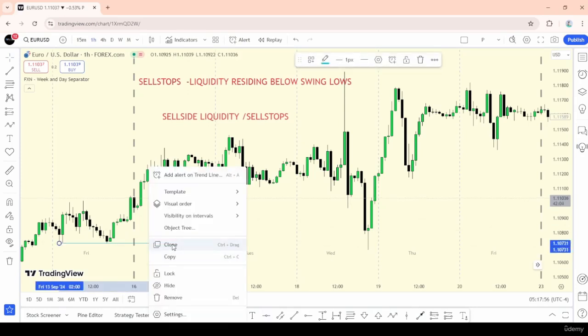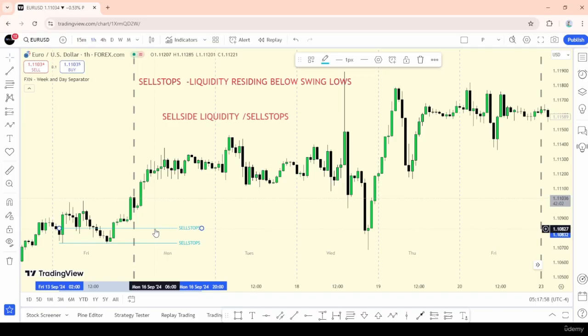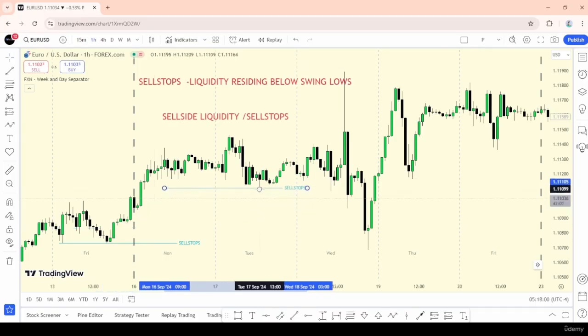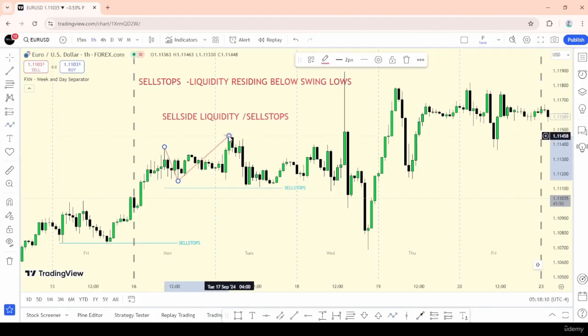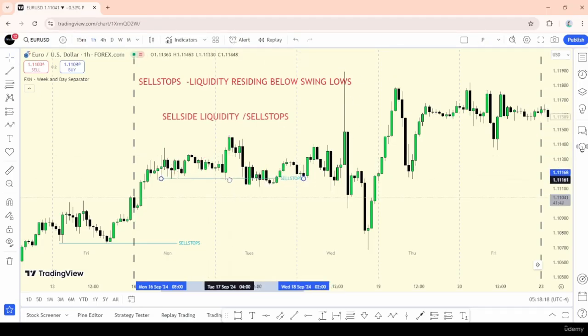The second example, I'm just going to mark this. The second example, this, we can see that there is basically a swing low. It is a low, a high, a low, then a higher high. So we can see that price later came and ran those sell stops.